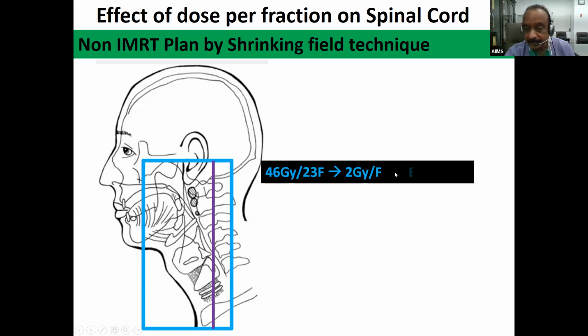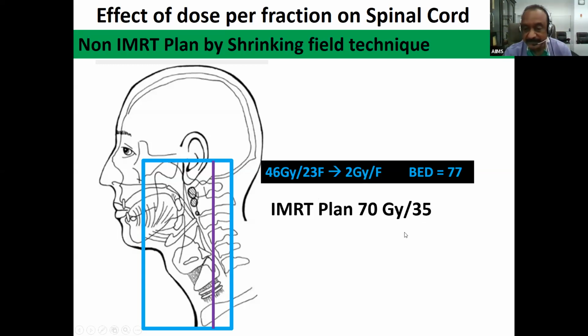So if you calculate the biological effective dose of the spinal cord, it will be around 77 with this physical dose and fractionation scheme. Now, nowadays, most of you are treating head and neck cancer with IMRT. In IMRT, you generate a single plan. For example, you deliver 70 gray in 35 fractions.